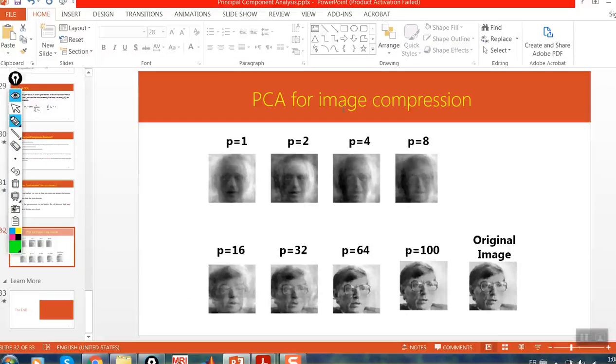For example, if we employ PCA on images, we have a huge amount of data, we calculate the mean of the images, and then we calculate the distance of each image from the mean image.